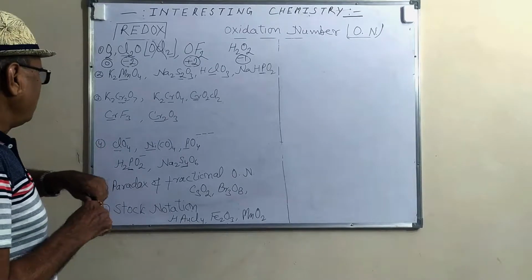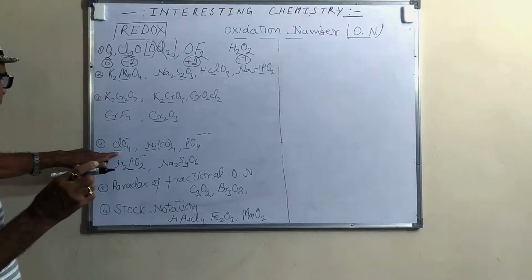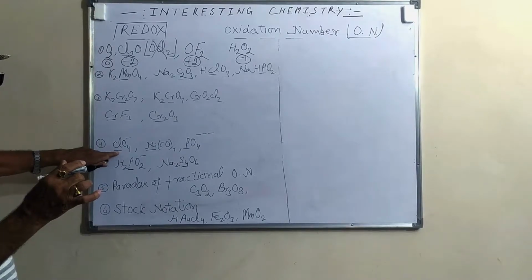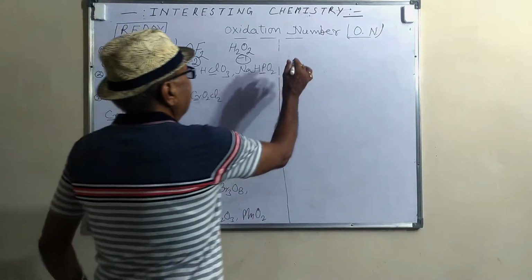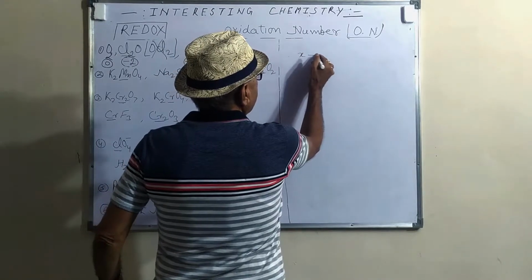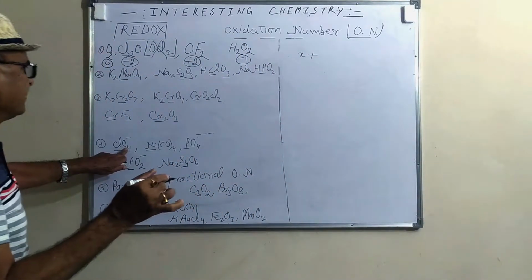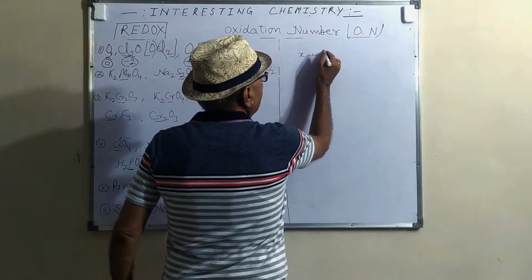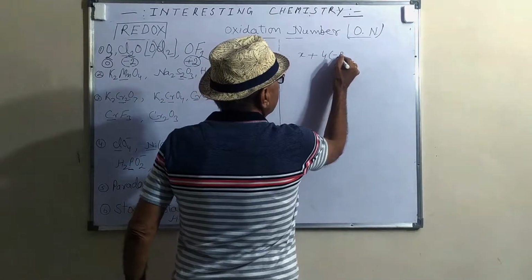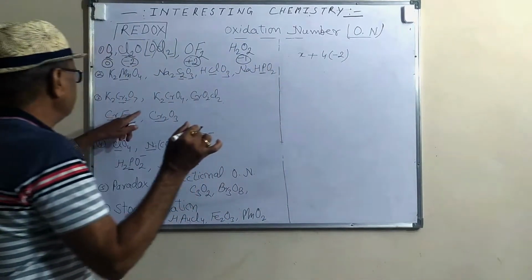Suppose you want to calculate the oxidation number of Cl, so you put X plus, there are 4 oxygens, so you write 4 into -2, as I told you in my previous video.